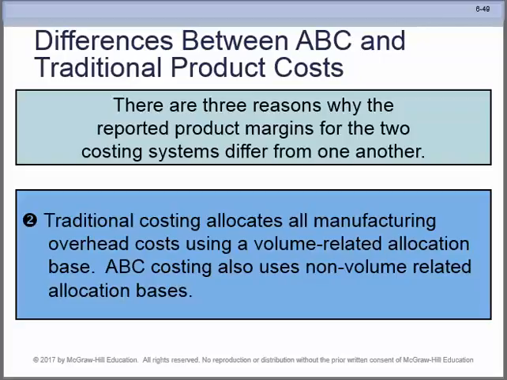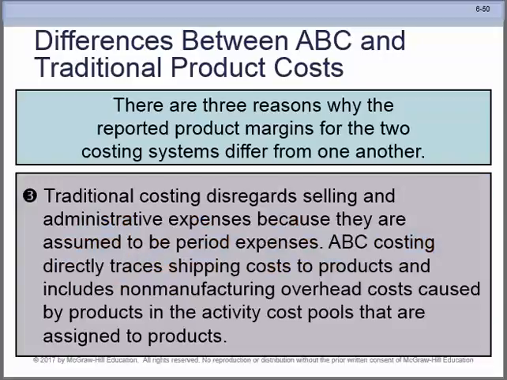Traditional costing allocates all manufacturing overhead costs using a volume-related allocation base. We can also, under ABC, use a non-volume related allocation base. And third, traditional costing disregards selling and administrative expenses because they are assumed to all be period expenses.